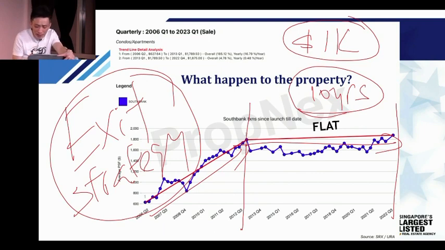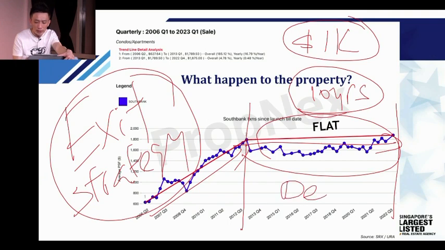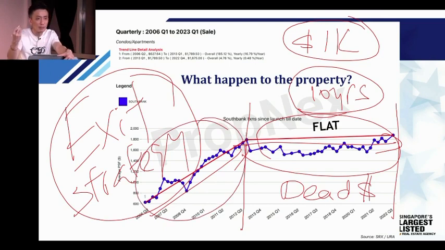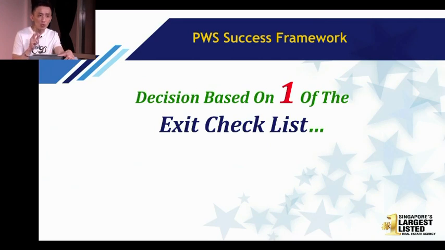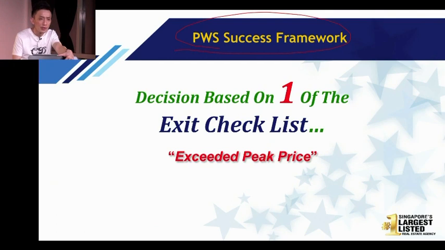If not, my money is inside this house. It's called dead money, because it cannot work. Unless I take out all my profit, I use the money to help me to grow. That's why in my PWS success framework, there's only a decision based on one of my checklists: has it exceeded the peak price?